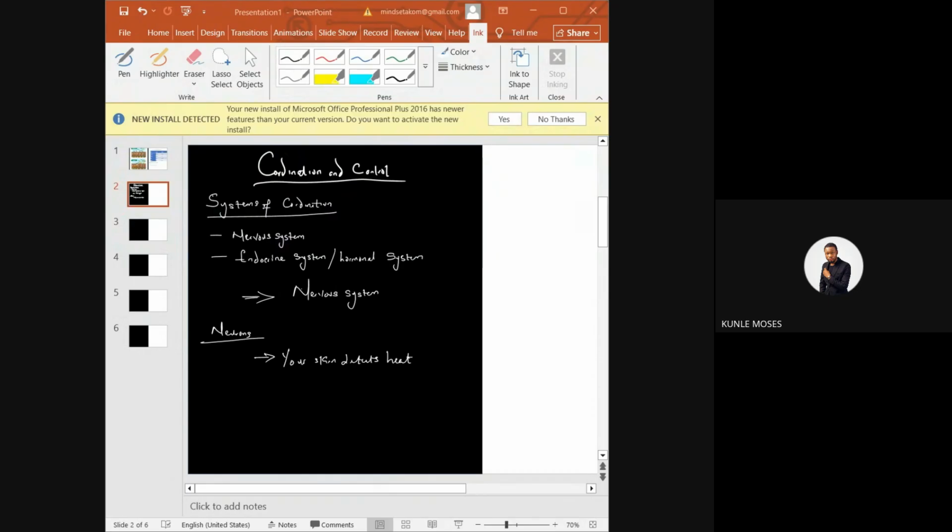A neuron is a cell that can receive, process, and send electrical messages in the body. These messages are called impulses, just like I've said.